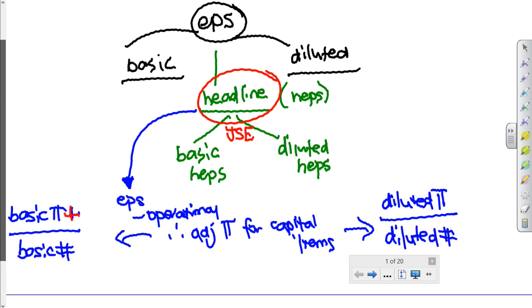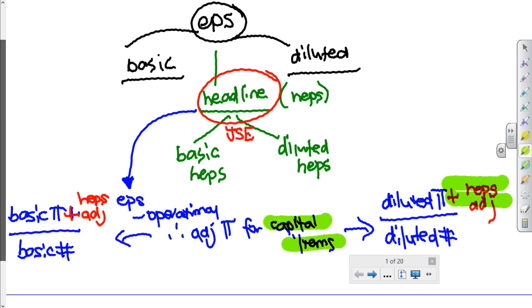HEPS adjustment there and HEPS adjustment here. And these HEPS adjustments are for capital items.